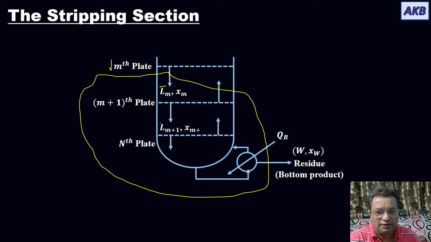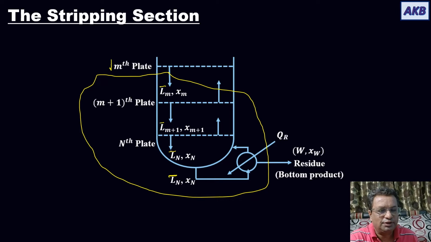Therefore, it will have a liquid molar flow rate of L bar M+1, and the mole fraction of A in it will be XM+1. The liquid stream leaving the nth plate will be identified by L bar N and mole fraction of A in it will be XN. Then the same liquid stream is taken out of the column and sent to the reboiler.